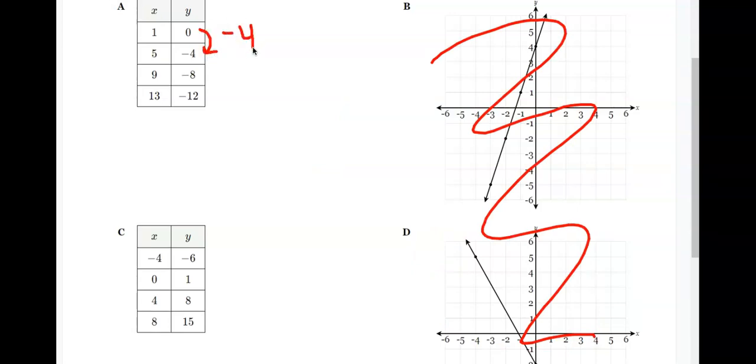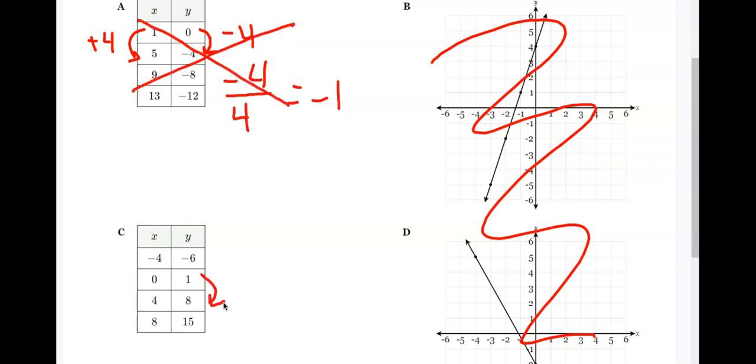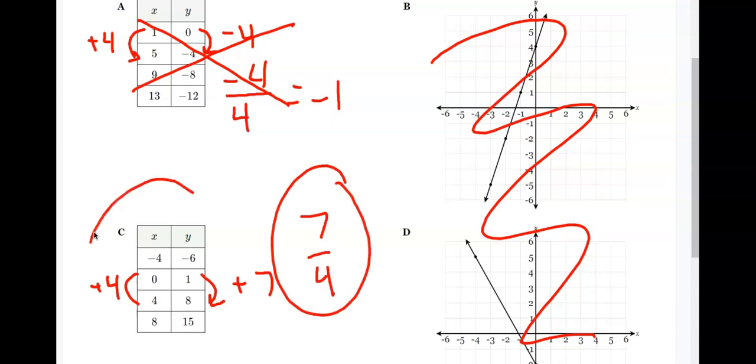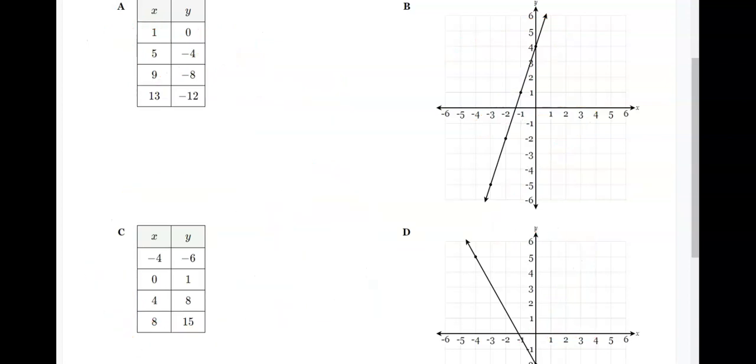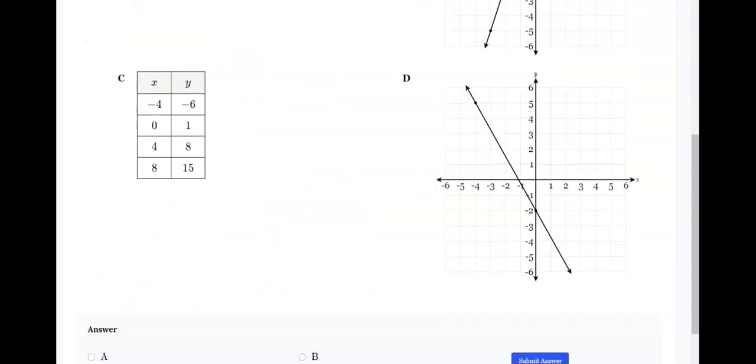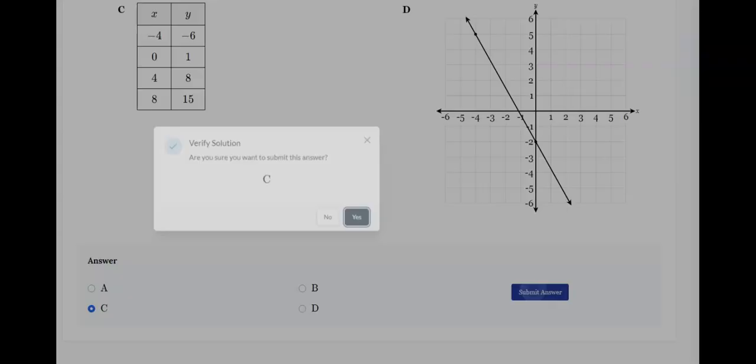This looks like it's going down 4 and up 4. So this has a slope or rate of change of -1, so that's out. And it looks like this one goes up 7, up 4, and that's my winner. That's the one that has the same slope. So we'll choose C, and we'll try another question.